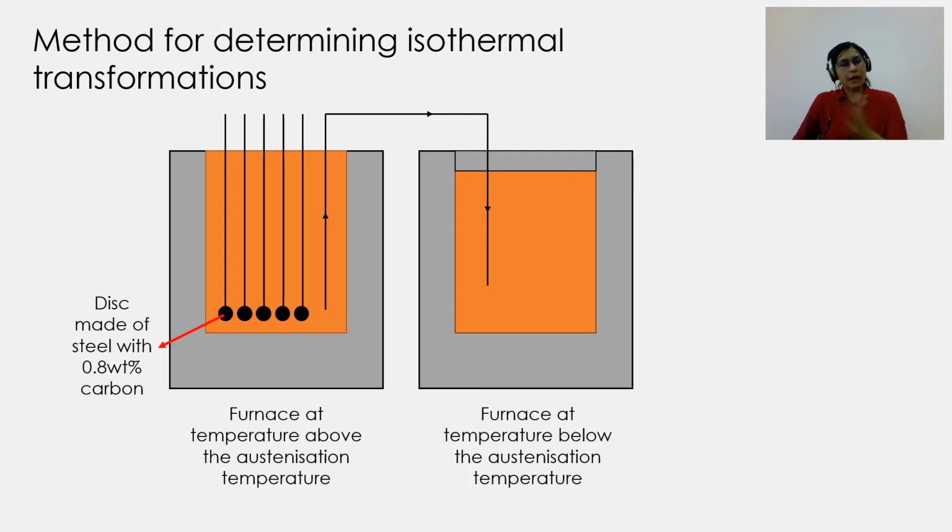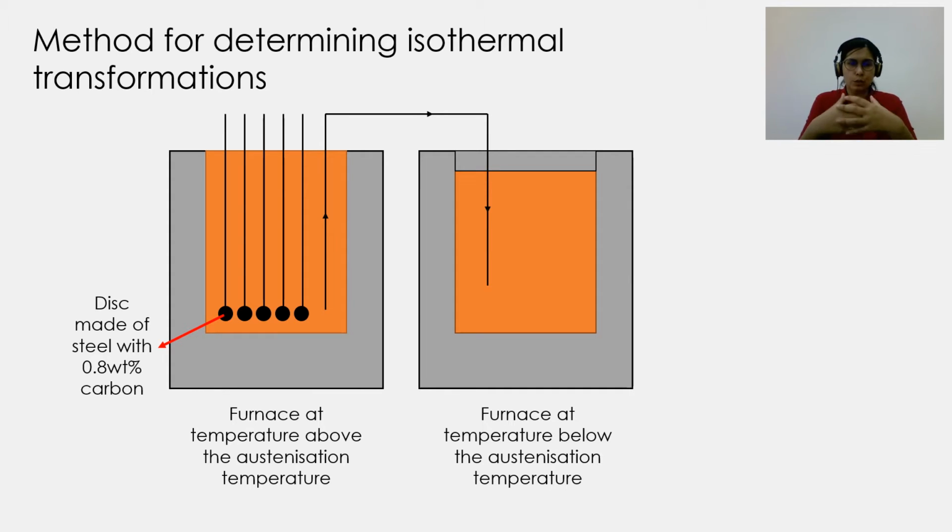With these 5 different discs, they want to see how much percentage of the austenite has been transformed into pearlite at certain periods of time. They want to see, let's say after 6 seconds, how much of the austenite has been transformed, and after 22 seconds, how much of the austenite has been transformed to pearlite.